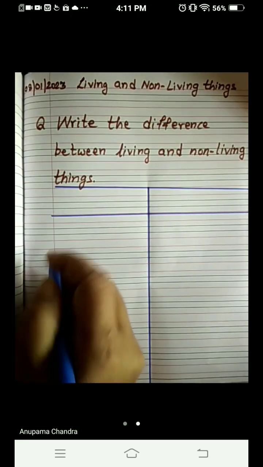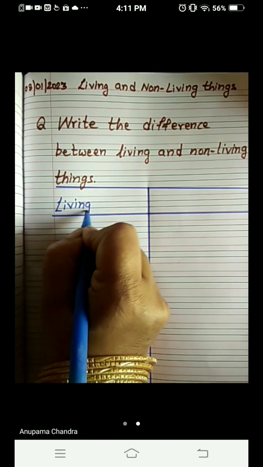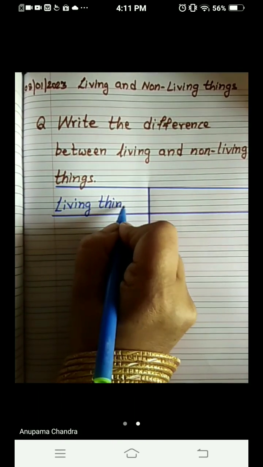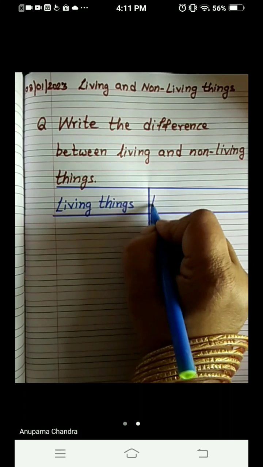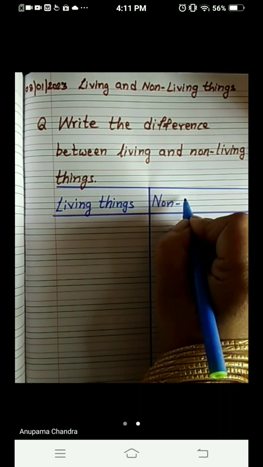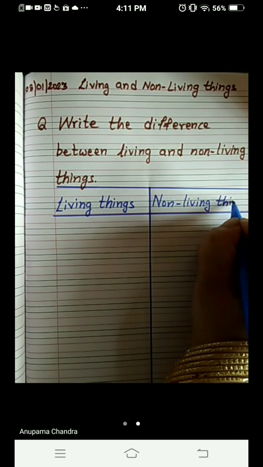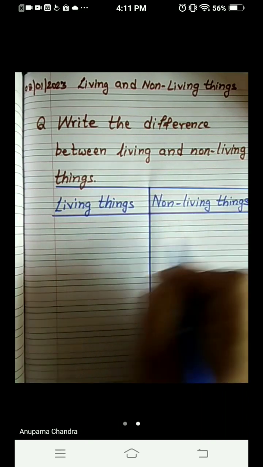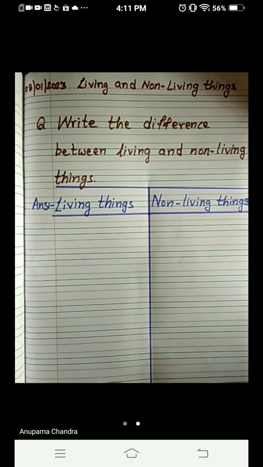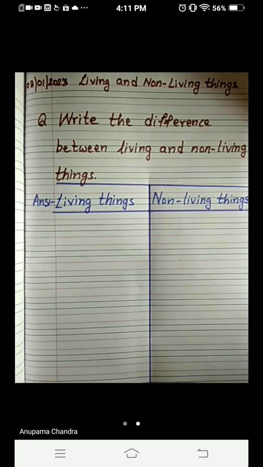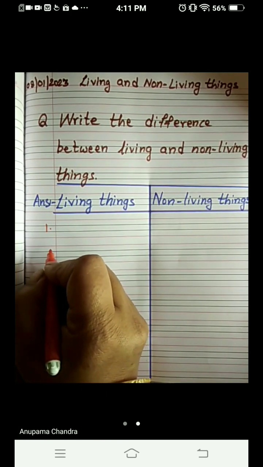Okay, this side you are going to write living things, and the other side you will write non-living things. Okay, so the very first point you will write is, say and write along with me, children.